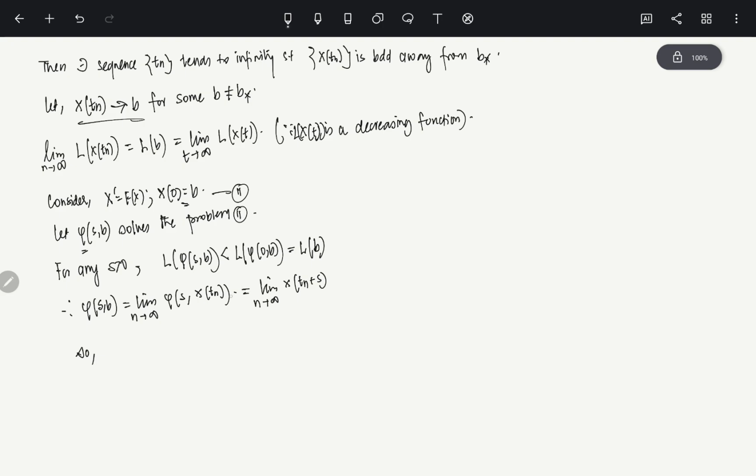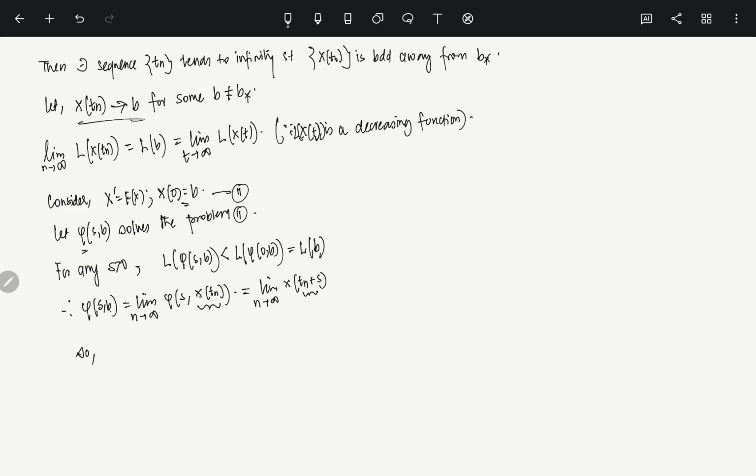See, if you start from b, it is saying that x of Tn as n tends to infinity goes to b. So if you are starting from b, it basically means it is starting from Tn plus s. So with s equal to 0, you are at x of Tn, which in the limit goes to b. So that is why the limit as n tends to infinity of x of Tn plus s is nothing but phi of x of Tn.